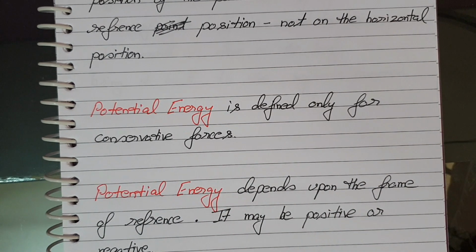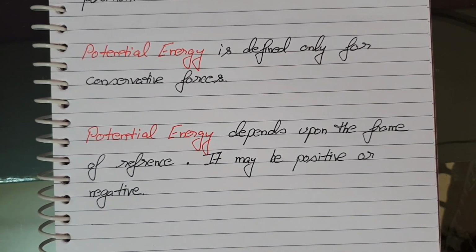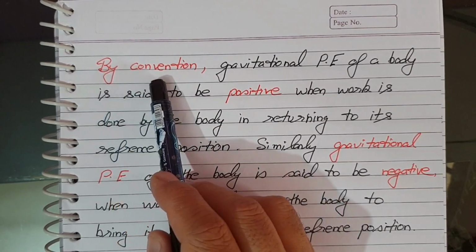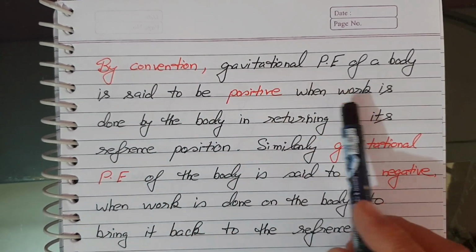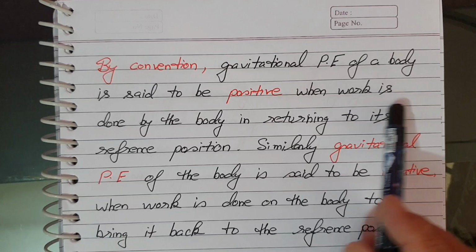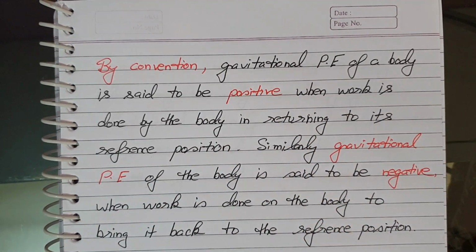Next point: potential energy depends upon the frame of reference. That may be positive or negative. By convention, gravitational potential energy of a body is said to be positive when work is done by the body in returning to its reference point.